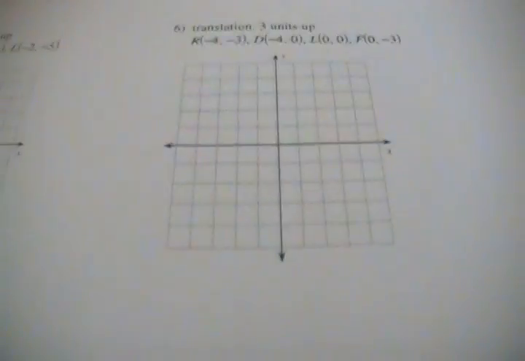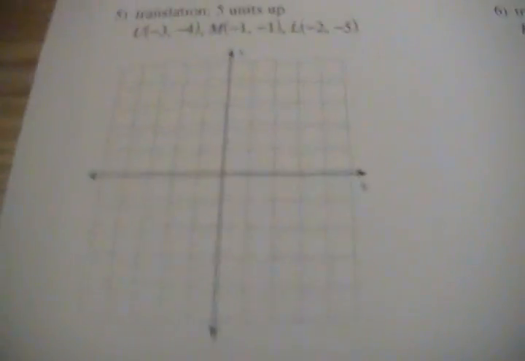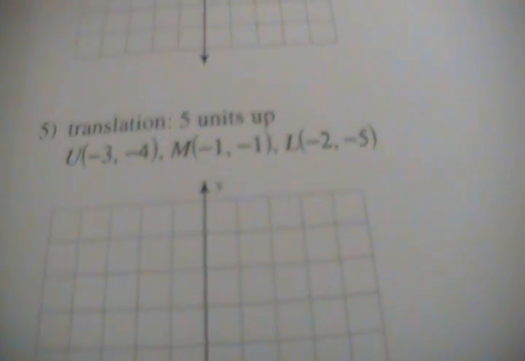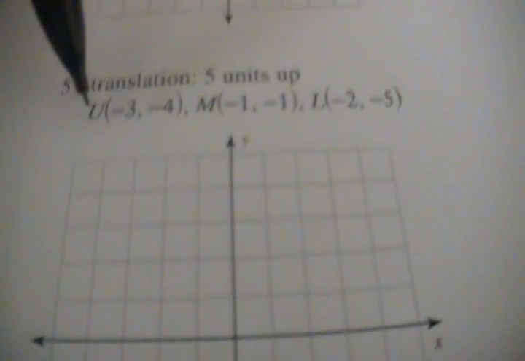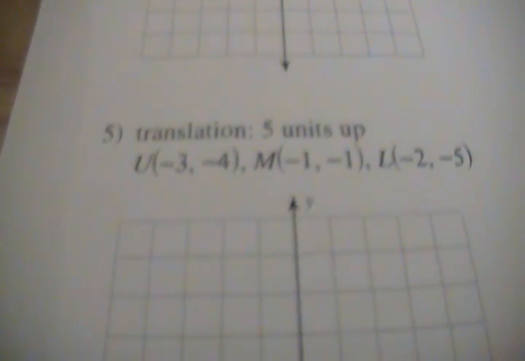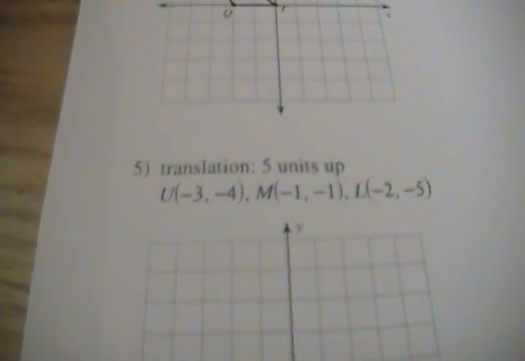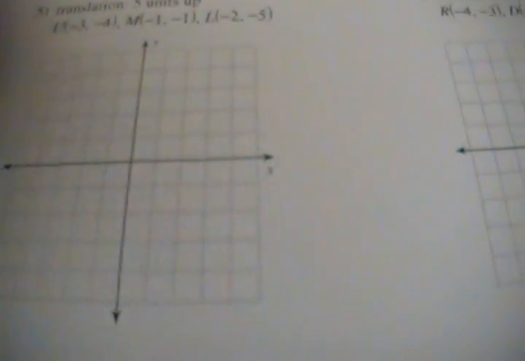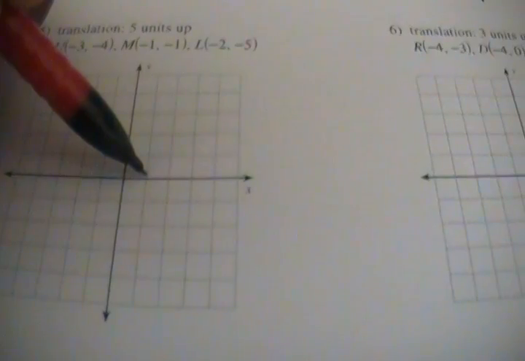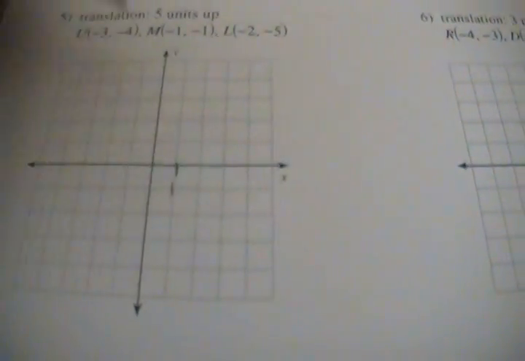Alright, let's try one more. So this time, instead of giving you the actual shape, they're going to give you, in this case, 3 points. Okay? So it says u is -3, -4. Now, if you remember your number lines, this is 1, right?